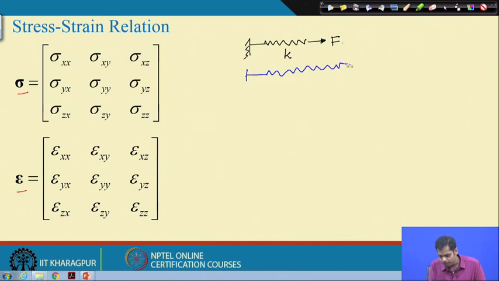Suppose the initial length is x0, and the final is x, then delta x is equal to x minus x0.